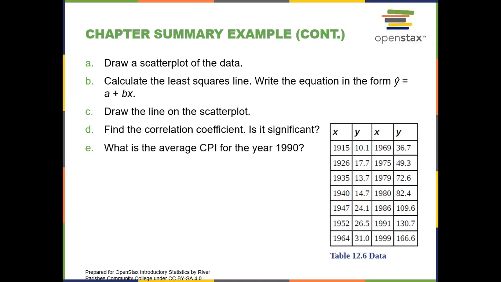A word of caution: because X and Y do not fall into a straight line going up the hill, it's all on a curved pattern going up the hill, a straight line fit should not be used. However, if we were to use it, then the equation of the line is y equal to minus 3204.42 plus 1.662 times x. Okay.